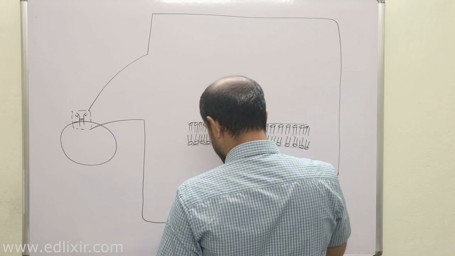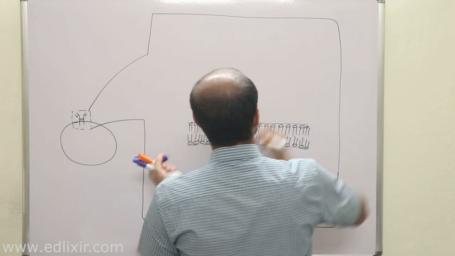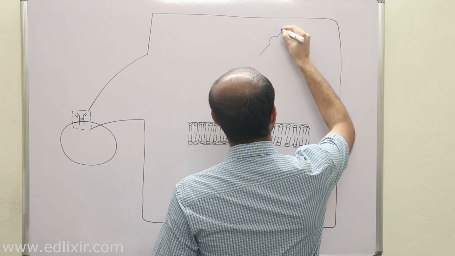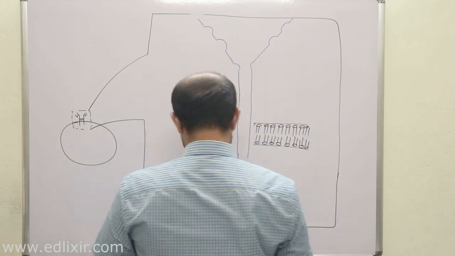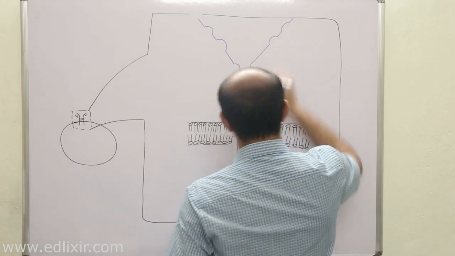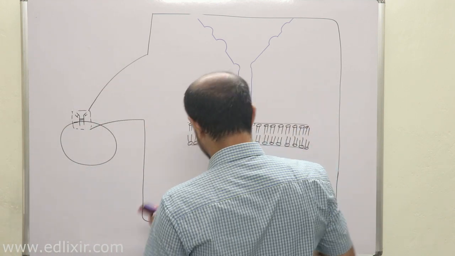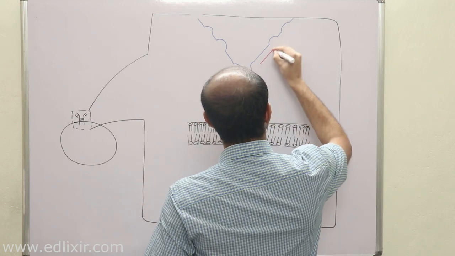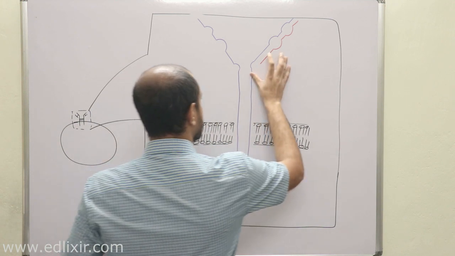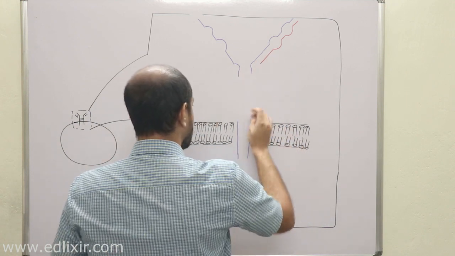Suppose I will be drawing the heavy chain with violet. Then I will be drawing the light chain with blue pen, or red pen. Now listen with all your attention possible. There is an important difference here.